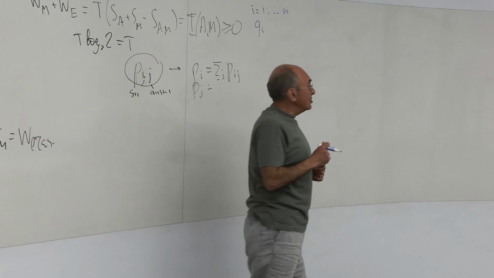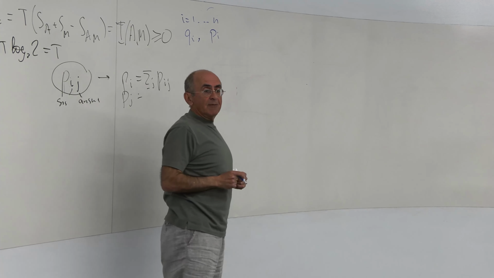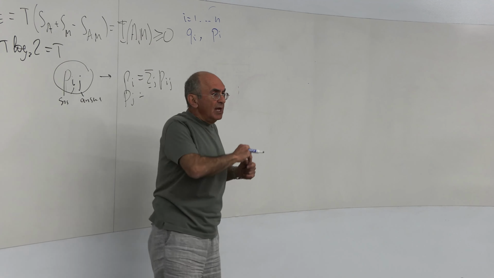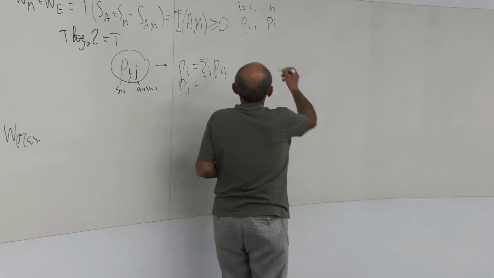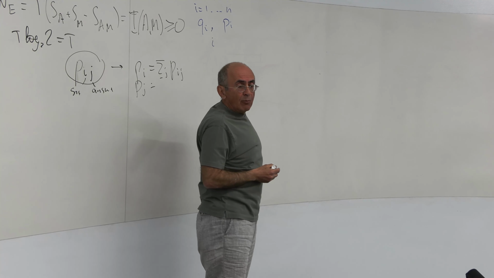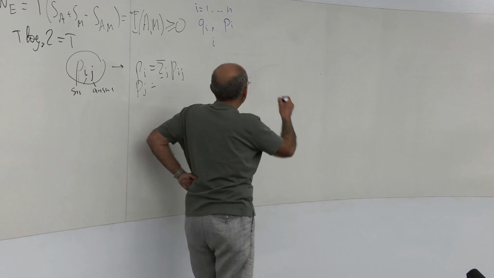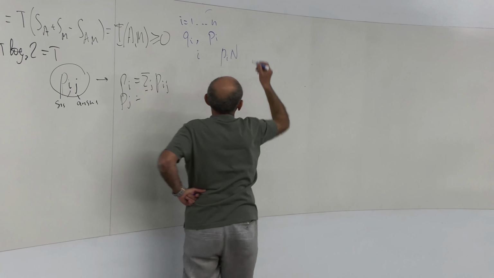Imagine that the true distribution is Pi, not your Qi. Then you do many measurements, and then event i happens, how many times? It happens, as we discussed many times, Pi times n.